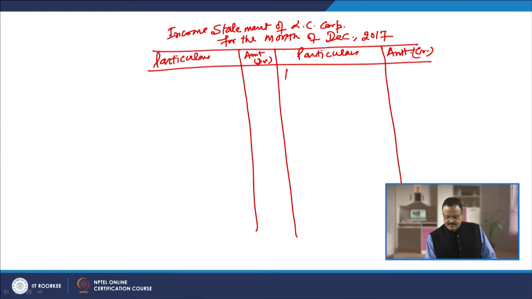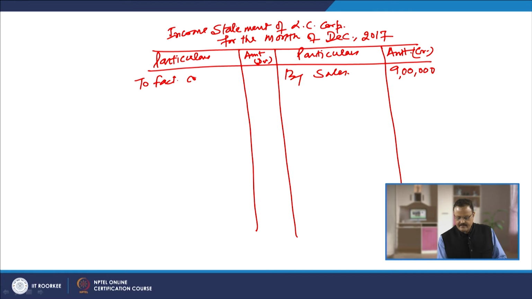So, that factory cost or works cost will directly be taken from the cost sheet to the income statement, right. And on the credit side, we will put the information with regard to the sales. So, we start with the credit side because there is only one item, and this is called sales, by sales. And what is the information about sales? It is 9 lakhs.